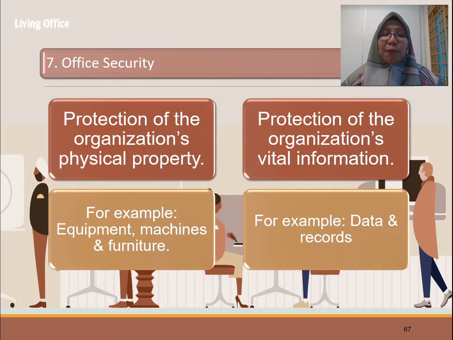So, protection of the organization's physical property, for example, is the equipment in your office, the machines as well as the furniture. However, the protection of the organization's vital information, for example, is the data and records in your organization. So, for office security, you need to make sure of the protection of both, the physical property and the vital information.